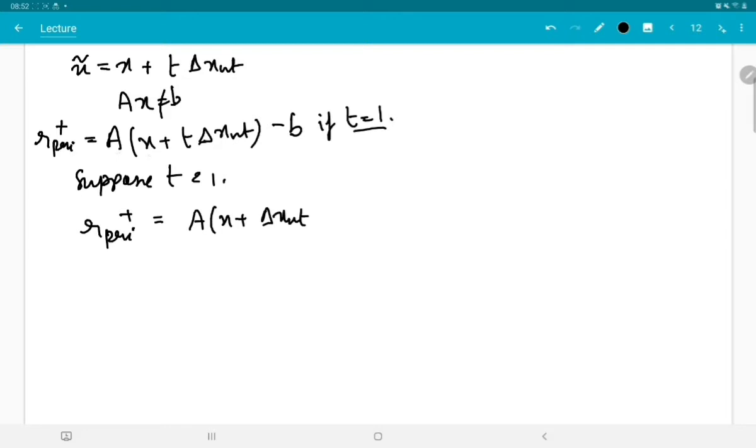It is A times our present point minus b. So the updated residue is Ax minus b plus A times t times delta x_nt, and A times delta x_nt is minus (Ax minus b).